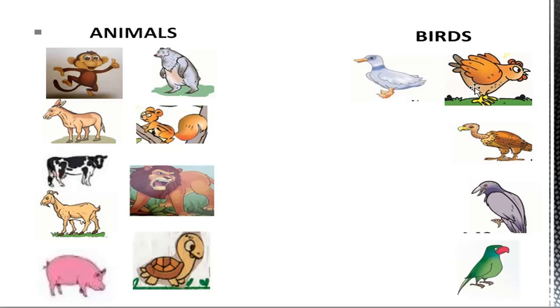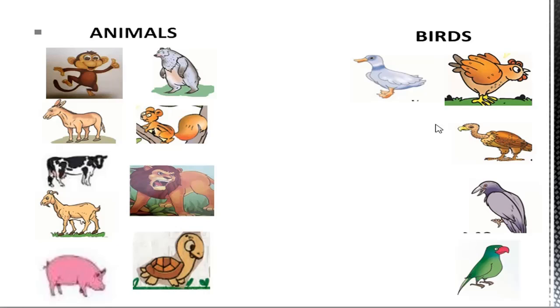Duckling. What? Duckling. Then who is this? Hen. You know the baby of hen? Yes, you know that. What we call? Chick. Right? Chick. Duckling, chick. Baby of duck, duckling. Baby of hen, chick. Right?